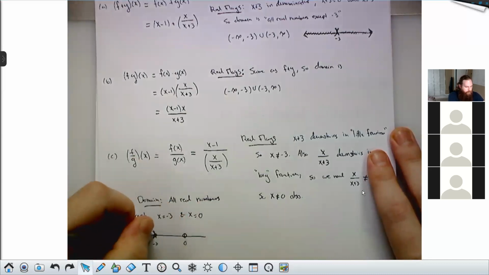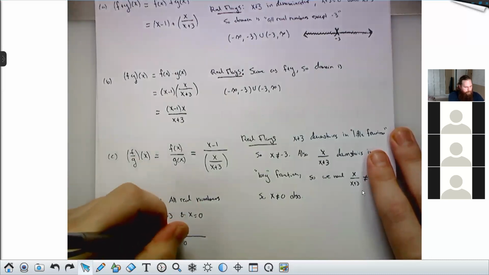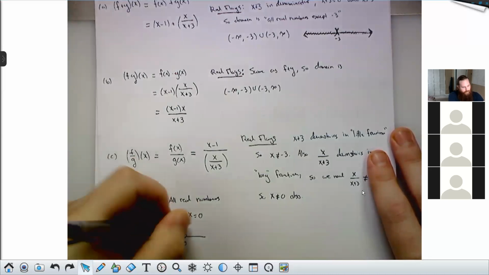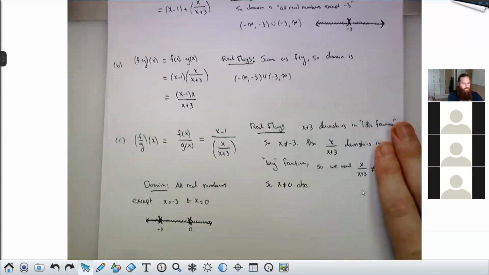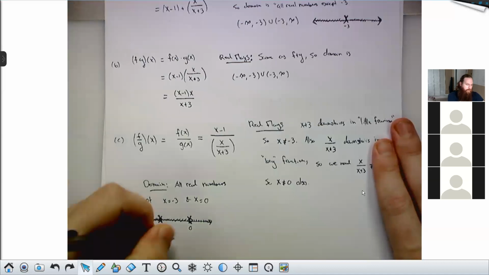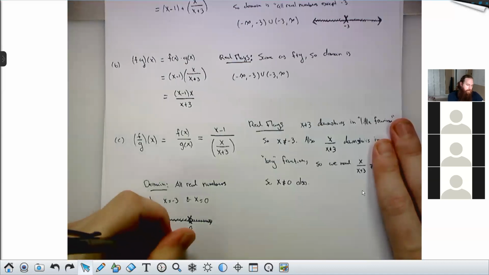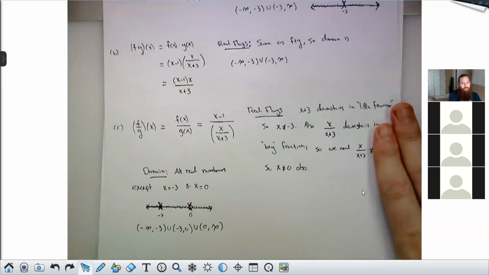So you'll have everything up to negative 3, everything between negative 3 and 0, and then everything to the right of 0. So that's negative infinity to negative 3, unioned with negative 3 to 0, unioned with 0 to infinity, like this.